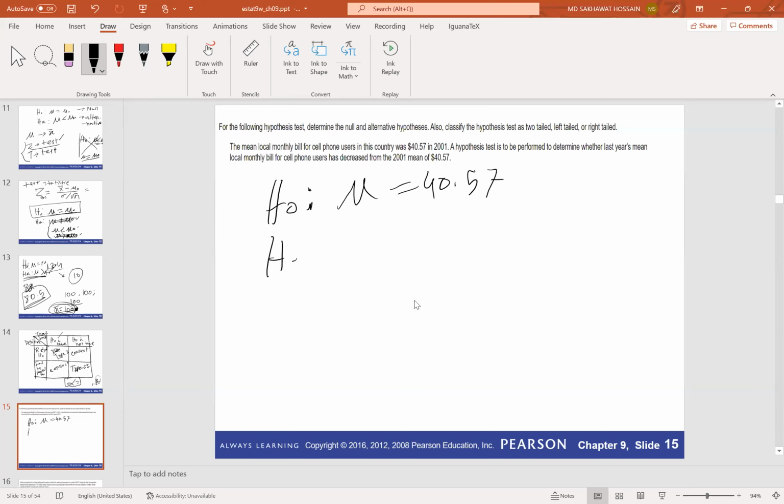And what is the alternative hypothesis here? We want to test whether last year's mean local monthly bill for cell phone users has decreased. So we want to test whether mu is greater than 40.57, or whether mu is less than 40.57. What do you think? Should we write mu less than 40.57 or mu greater than 40.57? Anyone?